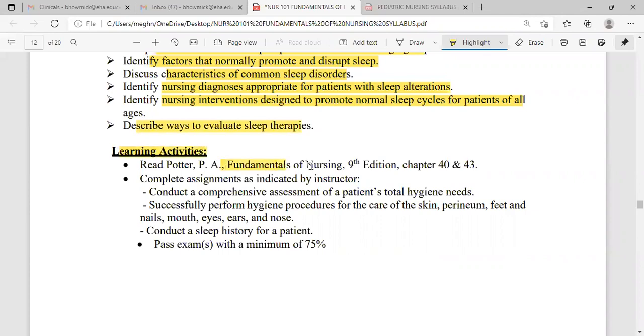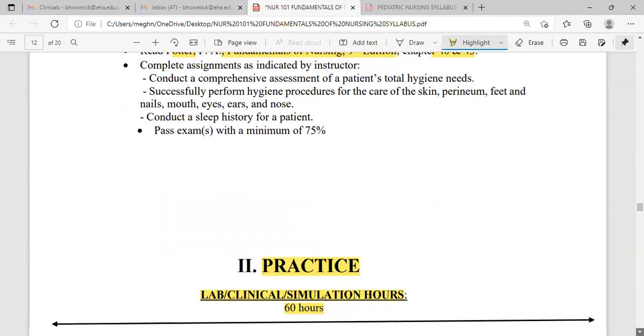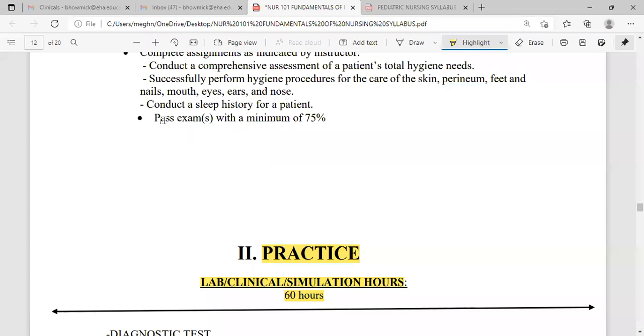We follow Fundamentals of Nursing, 9th edition by Potter, chapters 40 and 43, right? And also conduct a comprehensive assessment of the patient's total hygiene needs. Also successfully perform hygiene procedures, so when you come to the school, our clinical instructor will show you how to do this. And pass the exam with a minimum of 75%.